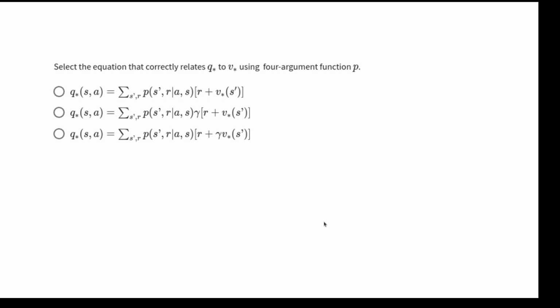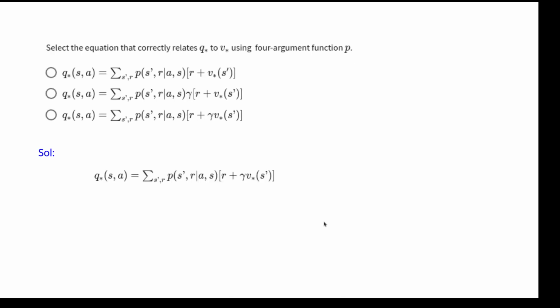So the option here would be the third one, because gamma is at the proper place, r plus gamma into V of s dash, because you need to consider gamma, right? Gamma is the discount factor and it cannot be just like that.